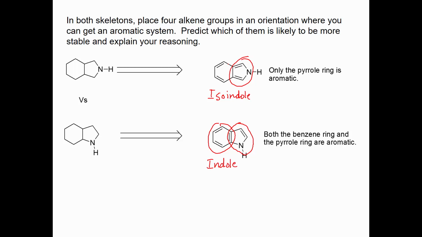So we actually have benzene type aromaticity in the bottom one, whereas we only have really one aromatic ring system in the top one. So we're going to see that the bottom compound, indole, is much lower in energy than isoindole.